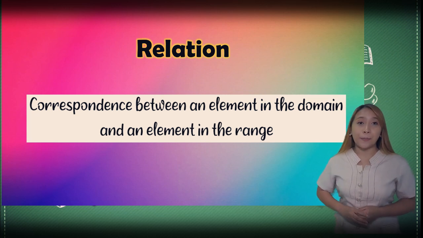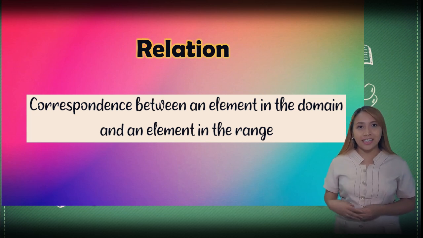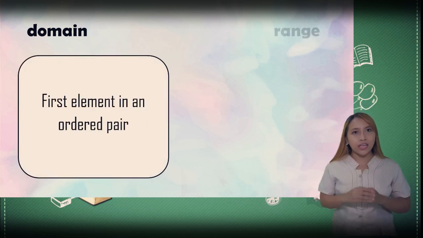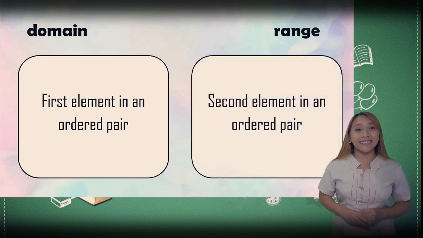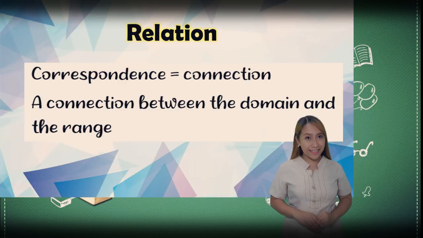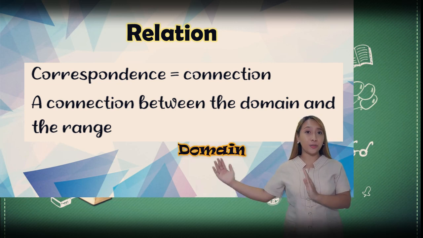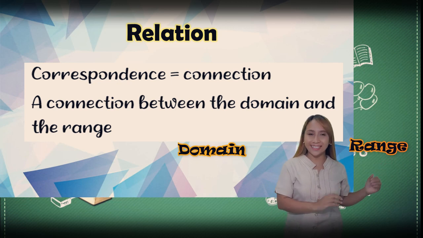If you are still not familiar with domain and range, the domain is the set of all the first values in a set of ordered pairs, while the range is the set of the second elements in a set of ordered pairs. When we say correspondence, this means connection. So relation is actually a connection between our domain and our range.